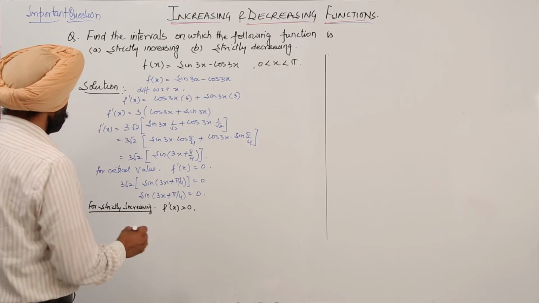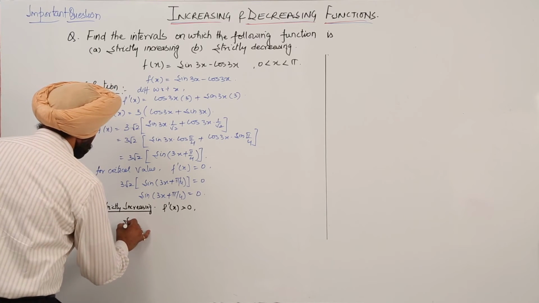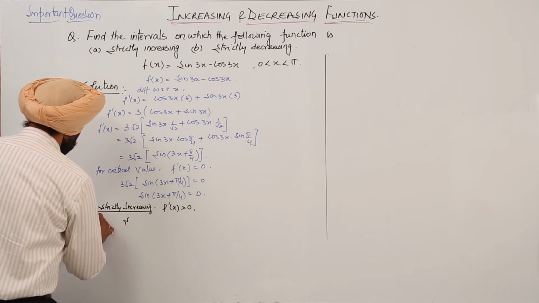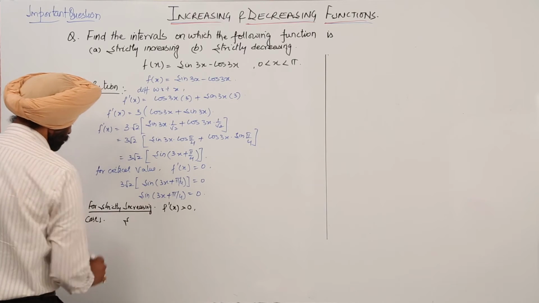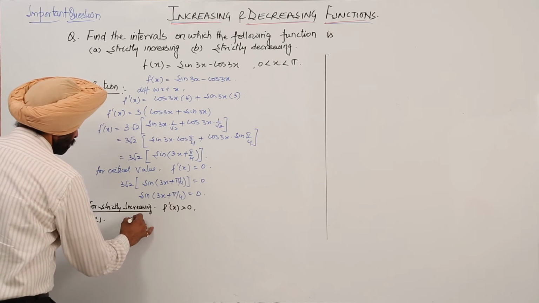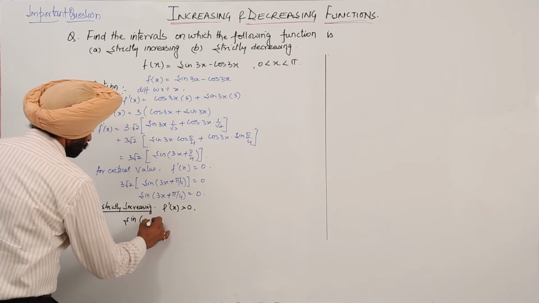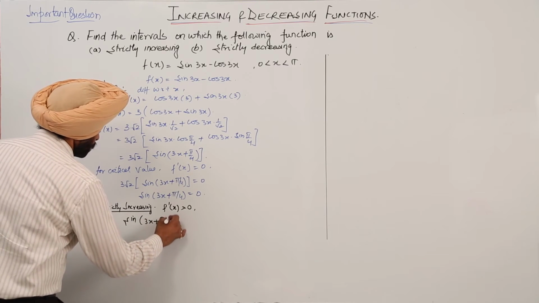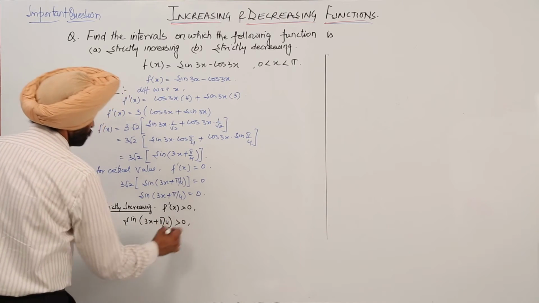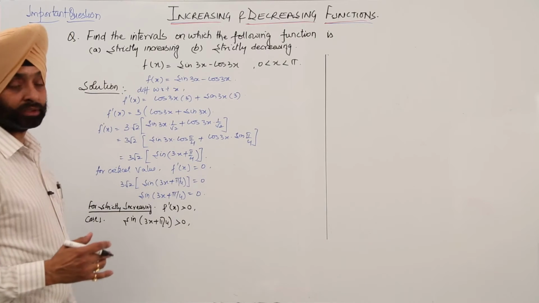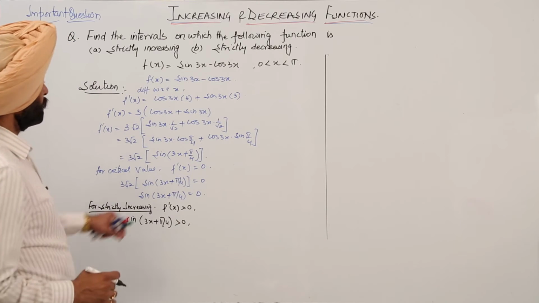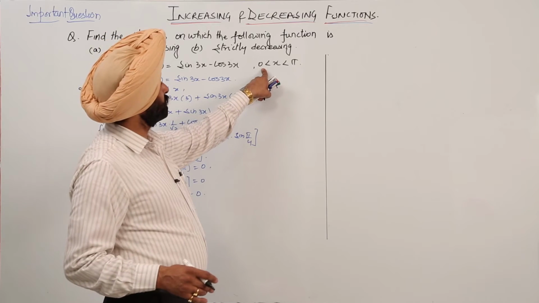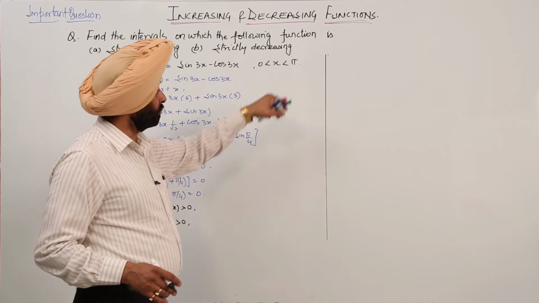Okay, so now we are having case 1. Case 1 we are having sin(3x plus pi by 4) is greater than 0. Now when it is greater than 0, now what we can write? They have given us the interval 0 is less than x is less than pi by 4.